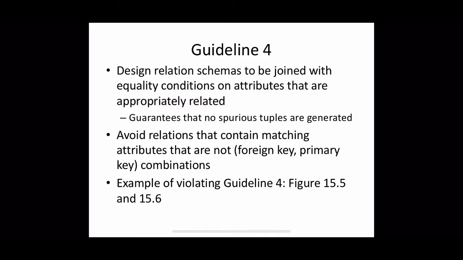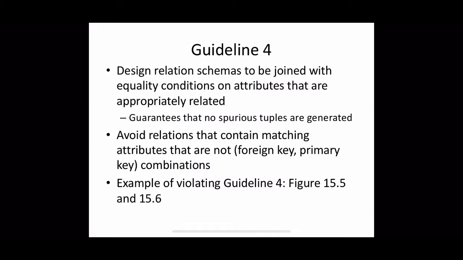Always select the joining attributes which are appropriate and which guarantee that no spurious tuples are generated. So always avoid relations that contain matching attributes that are not foreign key primary key combinations. Always we have to perform this natural join on a foreign key primary key combination. Then only we will get proper or desired results.